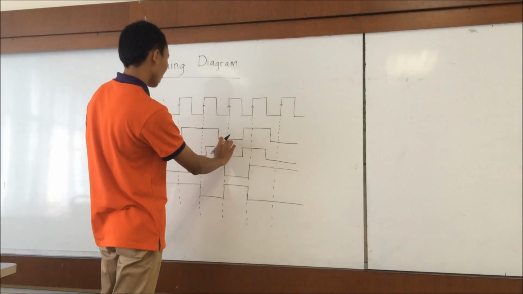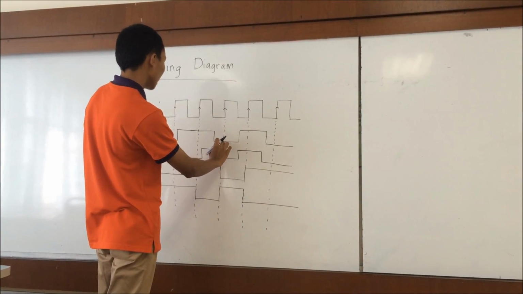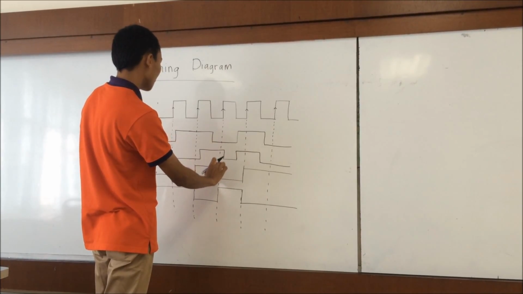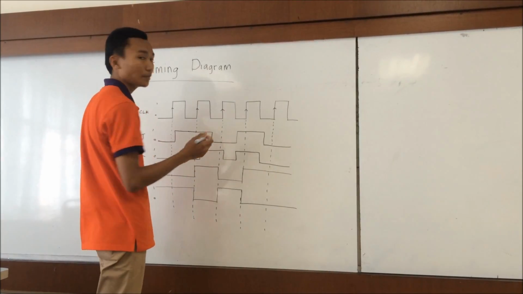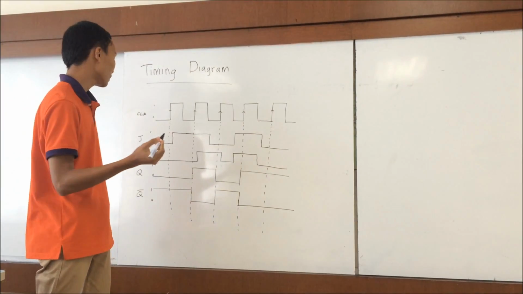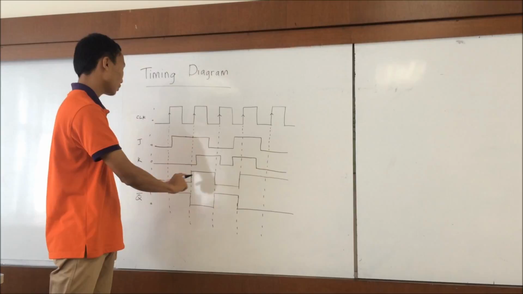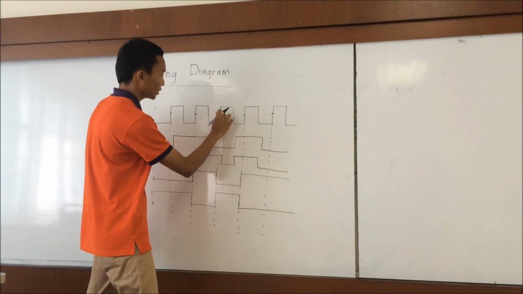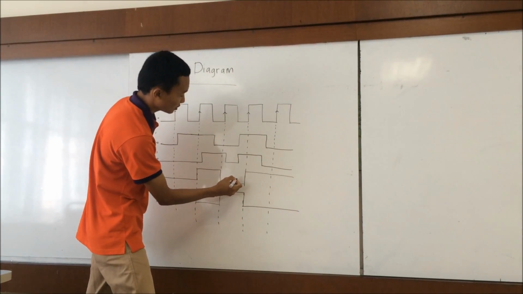For the next clock, we refer to J, the value is 0 and K is 1. From the truth table, if J is 0 and K is 1, the output of Q will be 0. So this area for this clock will be 0.